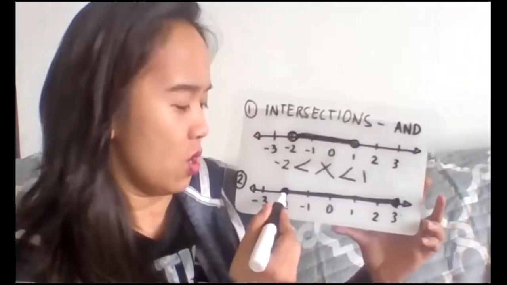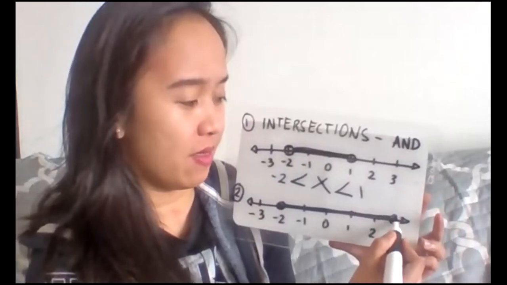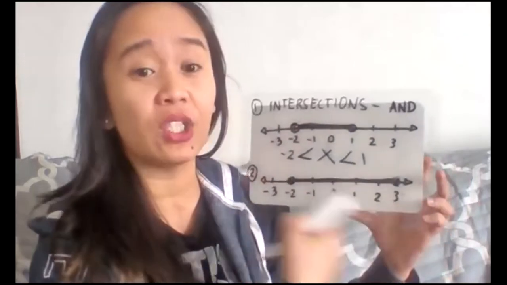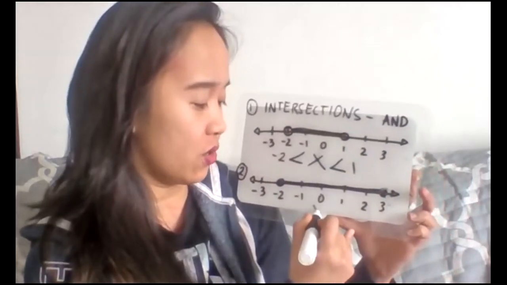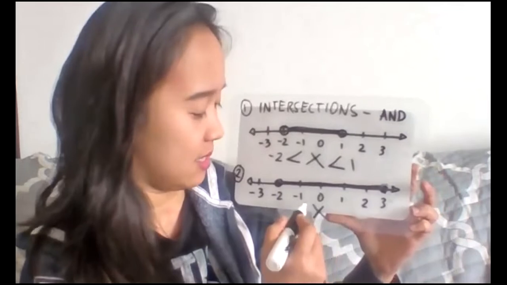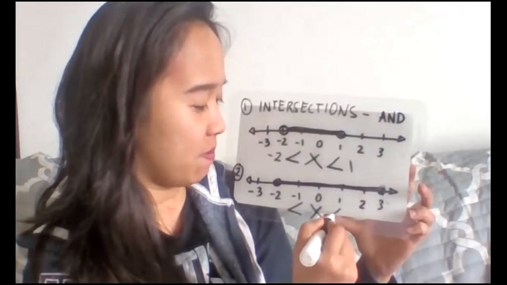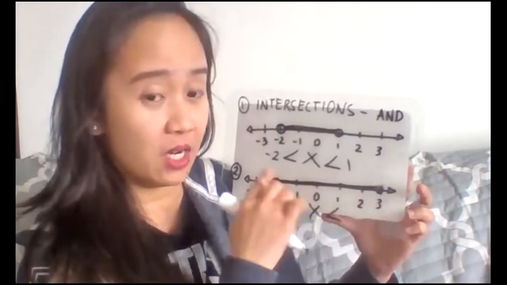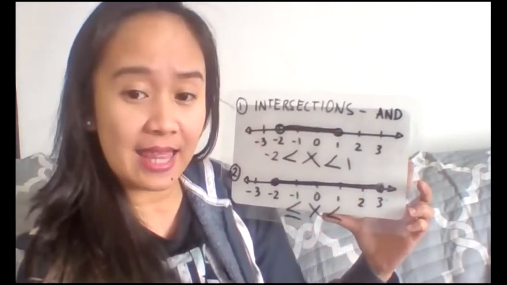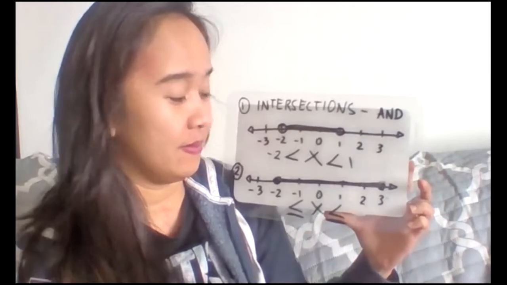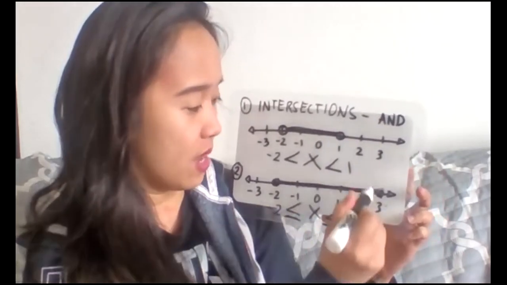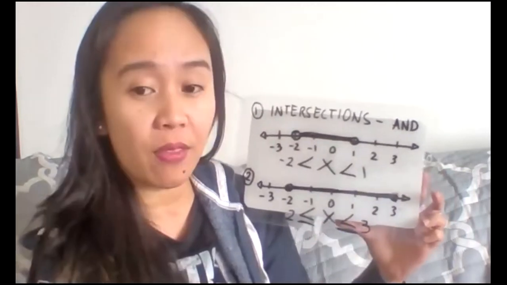Now, what if you got a shaded part like these? Again, if the shade is in between, you write x, and if it's in between them, you write that. Shaded or not, if they are shaded, don't forget that line, because that means you included -2 and you included 3.